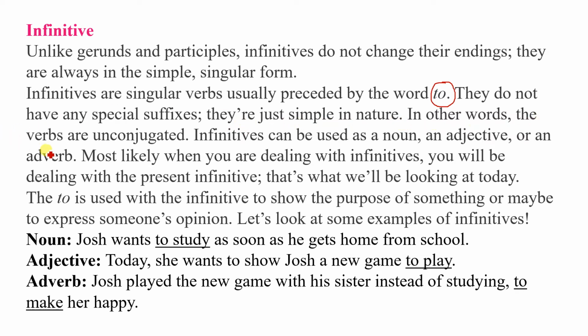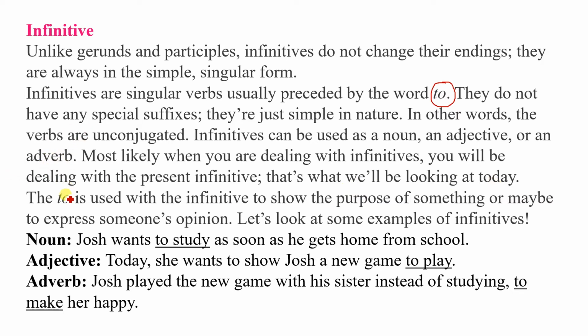In other words, the verbs are unconjugated. Infinitives can be used as a noun, an adjective or an adverb. So it can be noun, it can be adjective or it can be adverb also. Most likely when you are dealing with infinitives, you will be dealing with the present infinitive. That is what we will be looking at today.